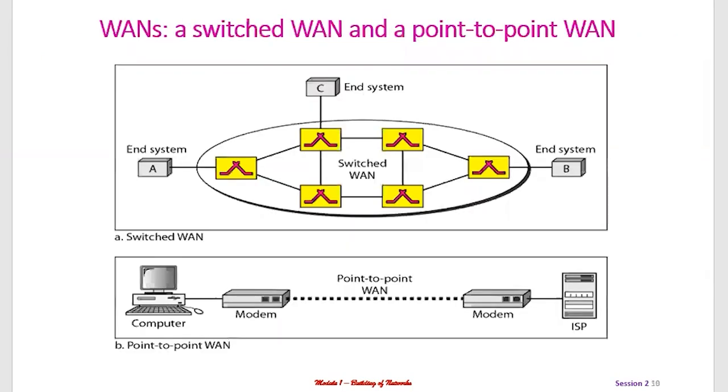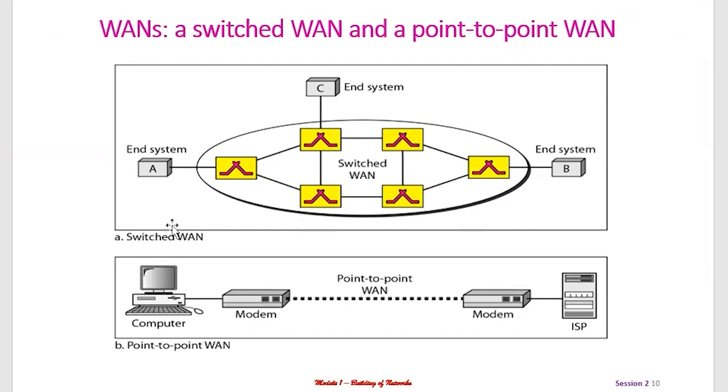In the case of a wide area network, as illustrated in the previous session, we can use either point-to-point or point-to-multipoint. Here you have a point-to-point WAN: a computer connected to a modem, then to a point-to-point WAN, and then to an ISP, which is an Internet Service Provider, which we are going to discuss in the next session.